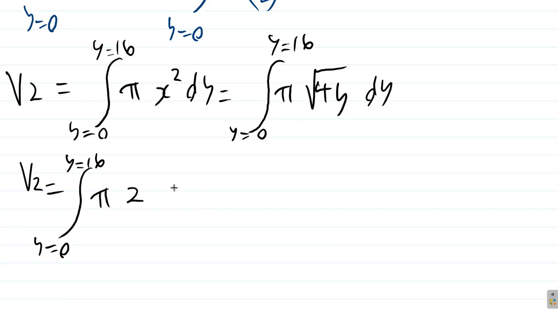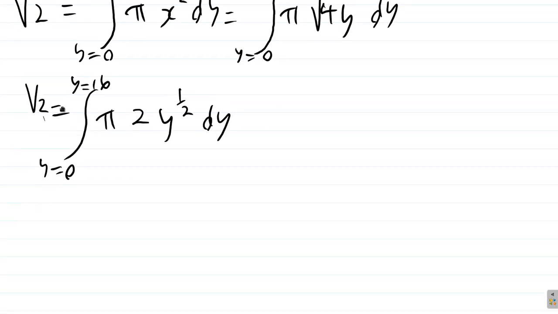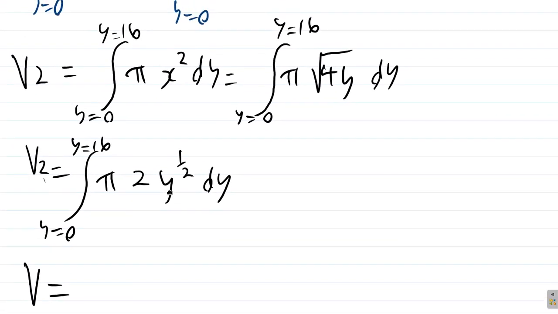So it's 2 and the square root of y. But the square root of y is the same as y to the half dy. When you're going to integrate, you want it written as a power instead of the root. So now, the volume that we want is going to be one minus the other.